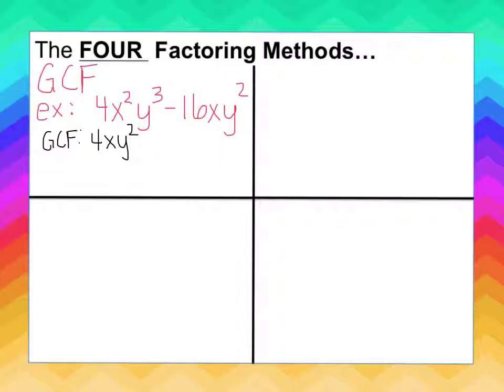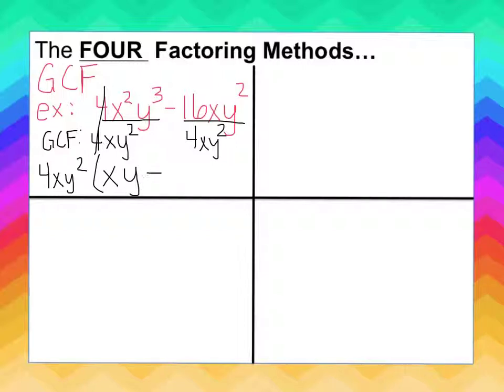So I'm going to divide both terms by the GCF, and then I'll write the GCF on the outside of my parentheses. So this one will be divided by that, and then the second one will be divided by the same GCF. So that goes on the outside of the parentheses, and then I'm going to reduce. That goes away and I get 1. X squared over x is just x. Y to the third over y squared is just y.